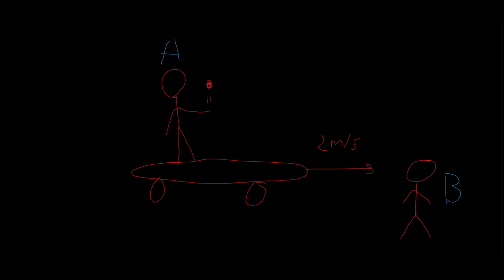So person B will see this ball moving at 2 meters per second. And this is because this ball, which is being thrown directly upwards, has no horizontal velocity from the perspective of the guy at position A. So this guy will observe the ball having a horizontal velocity of 0 meters per second.